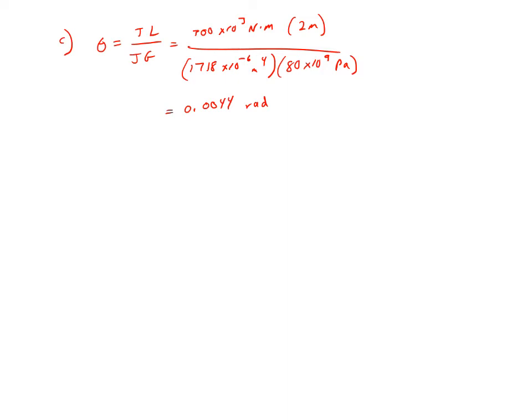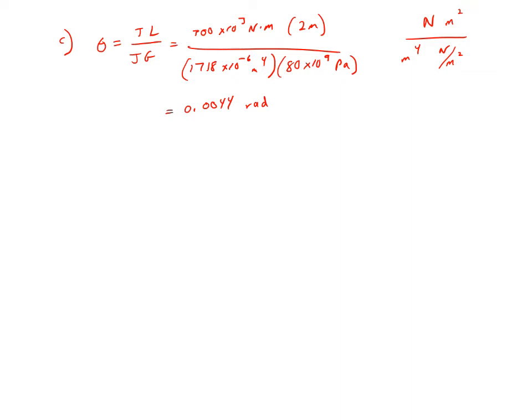If we take a look at the units, we better get units that cancel out into nothing, right? And nothing is basically radians. So let's take a look at the units here. In the numerator, we're going to have newtons times meters squared. In the denominator, we have meters to the fourth times a Newton per meter squared. That's what pascals are.